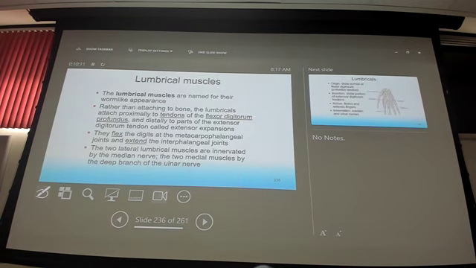All right, lumbricals. When you look at lumbricals, they say they have a worm-like appearance. I don't see it, maybe I'm not visual enough. They're unique in that they're muscles of the hand, but they originate off of tendons. If you remember flexor digitorum superficialis and flexor digitorum profundus, the ones with the chiasm, the lower one being profundus.